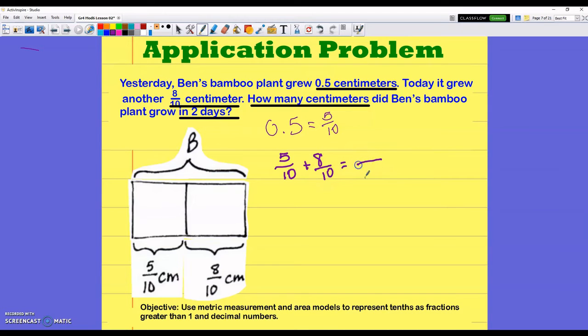Because the denominators are the same, 5 plus 8 is 13. Now, that's an improper fraction. We can't have that, so we need to decompose. So let's pull out 1 whole. That's 10 over 10, and that leaves us with 3/10 remaining. So the answer is 1 3/10 centimeters is how much his plant grew in 2 days.